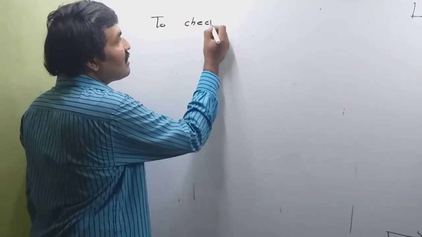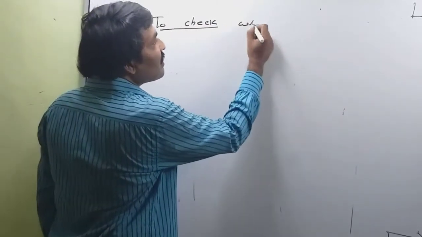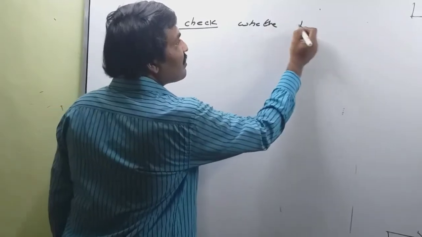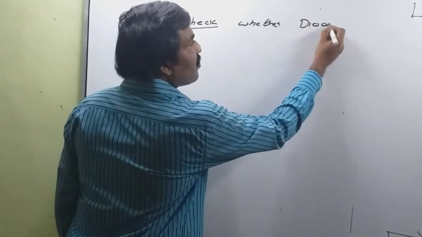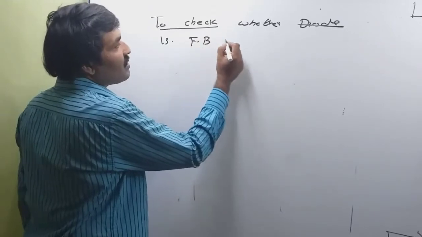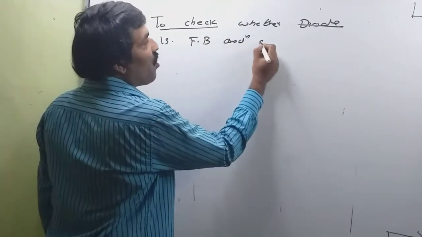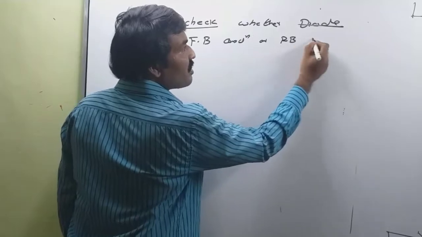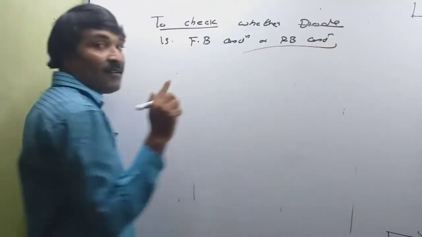To check whether a diode is in forward biased condition or reverse biased condition, we have two tests.